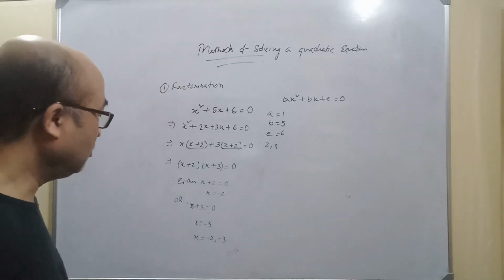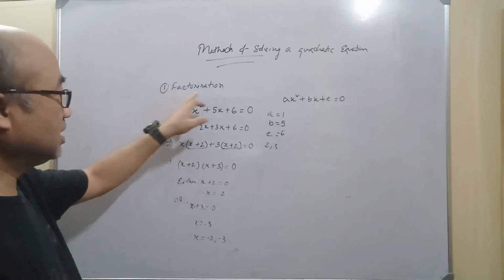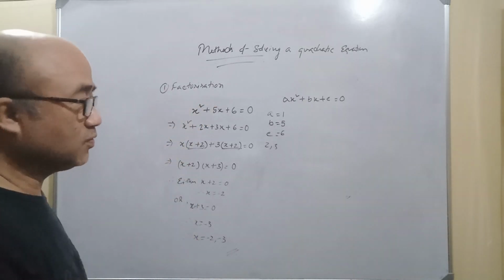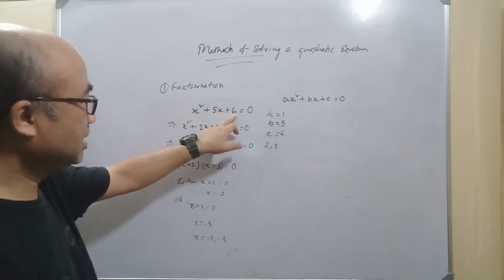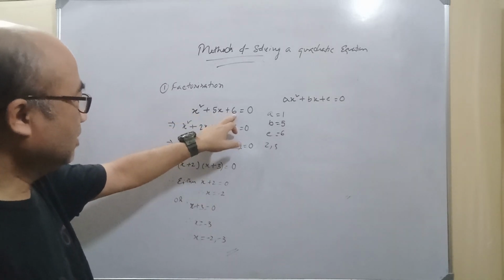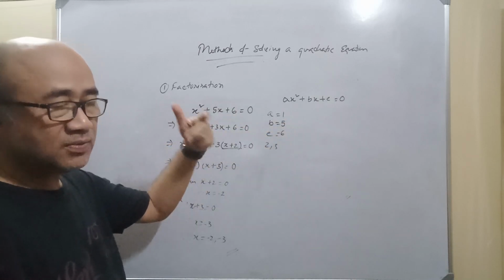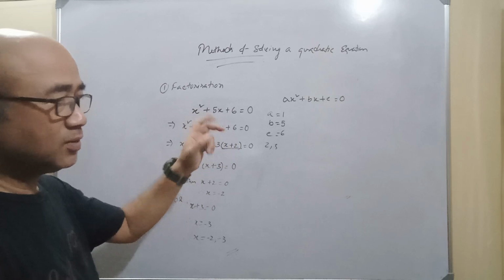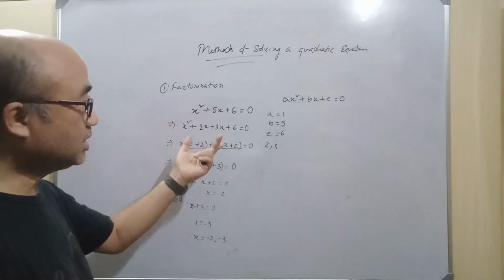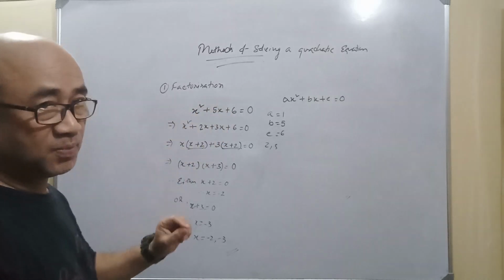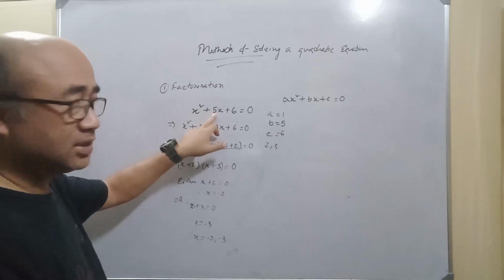So this is how we use the factorization method. We first multiply a and c. So whatever number we get, then we have to find two numbers so that their product is equal to a into c and their summation is equal to the middle term, that is b.